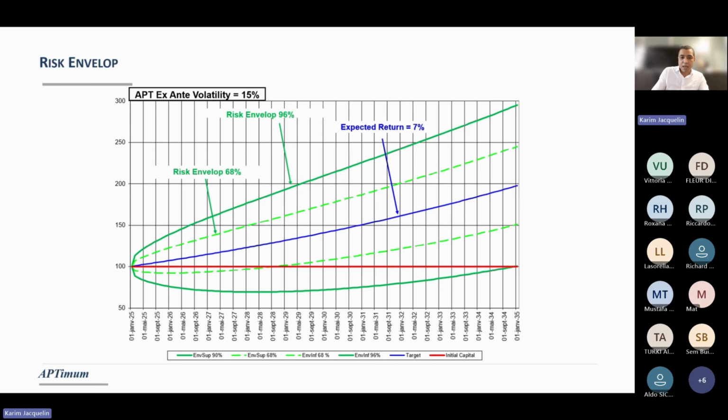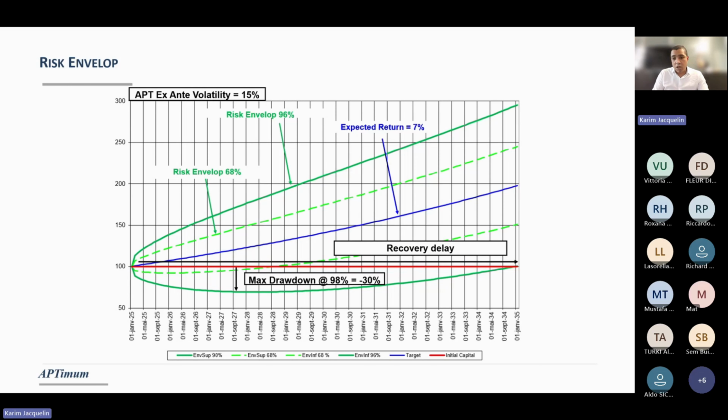So this means that during this period, you may face some loss. So you have the downside here that is represented with the maximum drawdown, and you can experience loss of more than 30% if you invest in equities. But if your horizon is long enough, you can recover the capital after 10 years, even under extreme scenarios.